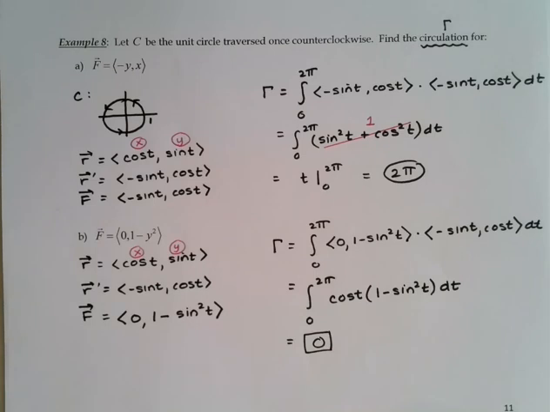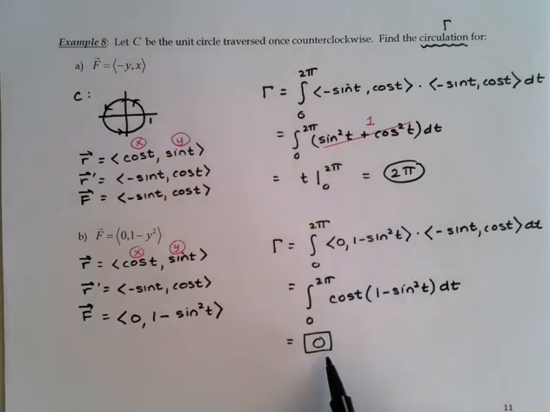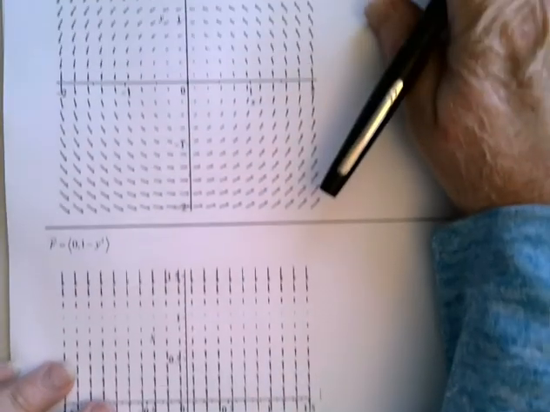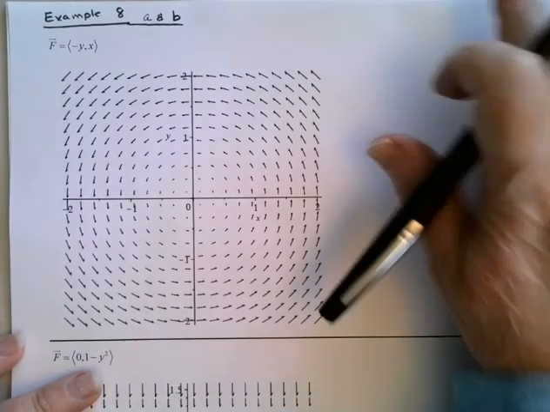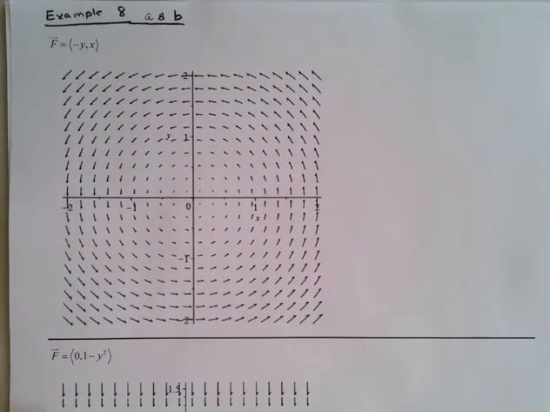All right, let's take a look at the geometry and see if we can figure out why those two answers make sense. Why did I get a positive circulation here, but a 0 circulation there? So here's that rotational vector field that we had in part A. F is minus y, x.